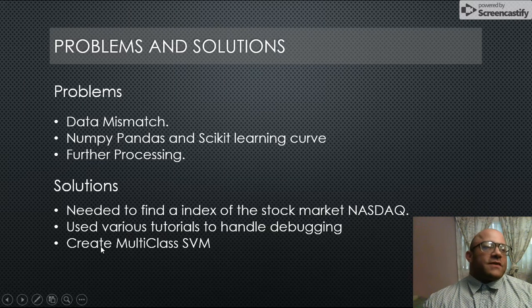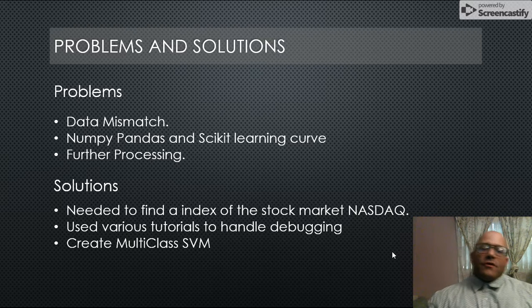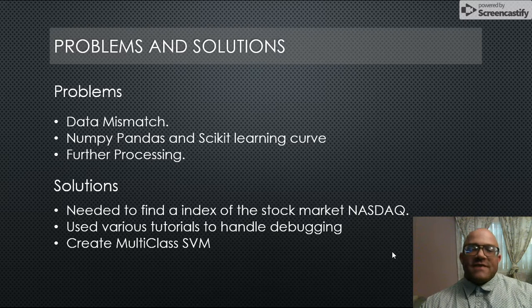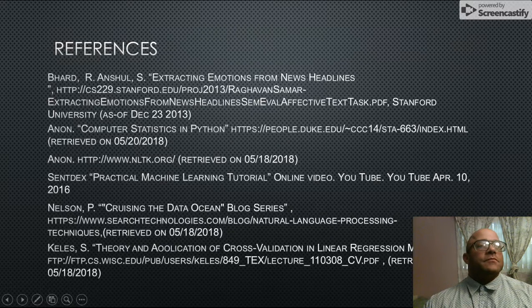The solution was I created a multi-class SVM, and that came out to be actually very exciting, all the way up to 80%. Once again, I believe that further steps would be needed just to confirm the fact that using different data to predict more specifics, such as Facebook, would definitely work with this model.